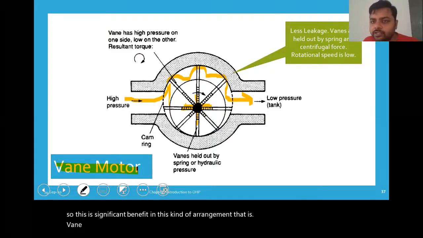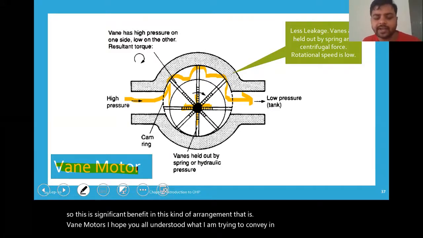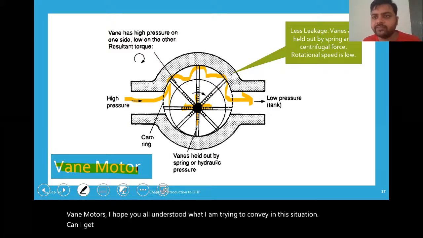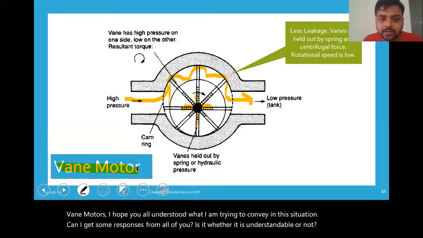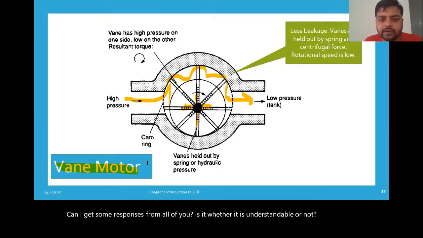I hope you all understood what I am trying to convey in this situation. Can I get some responses from all of you? Is it understandable or not? Tahir, can you respond whether it is clear or not? Anyone from the group?